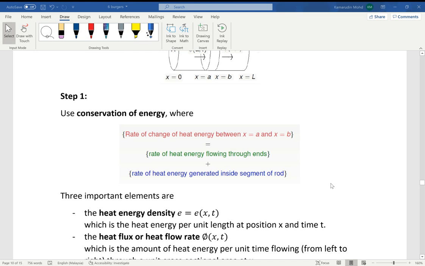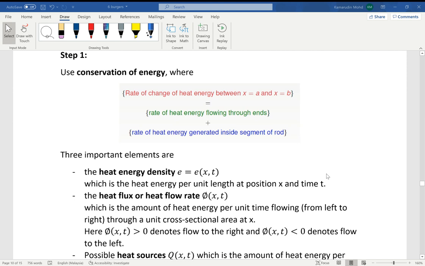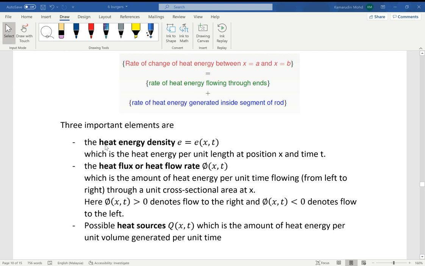In terms of variables, we need variables to transform this statement into a mathematical equation. There are three important elements here. The first one is the heat energy density. Let us use e for heat energy density. e is a variable depending on x and t. This is the heat energy per unit length at position x and time t.